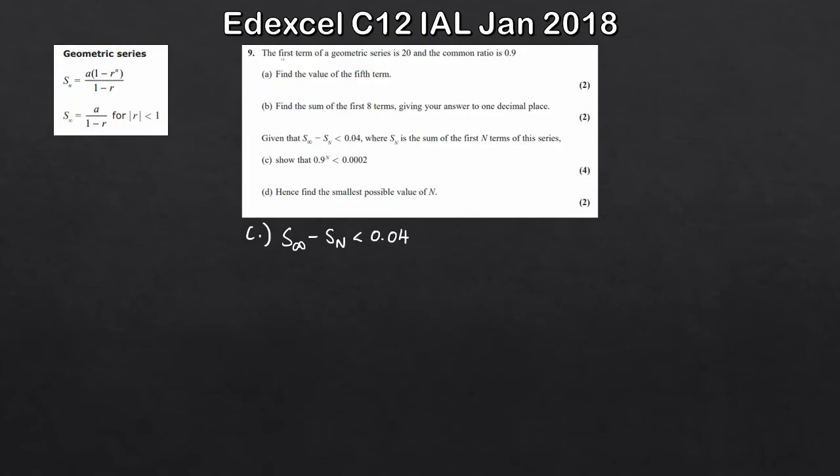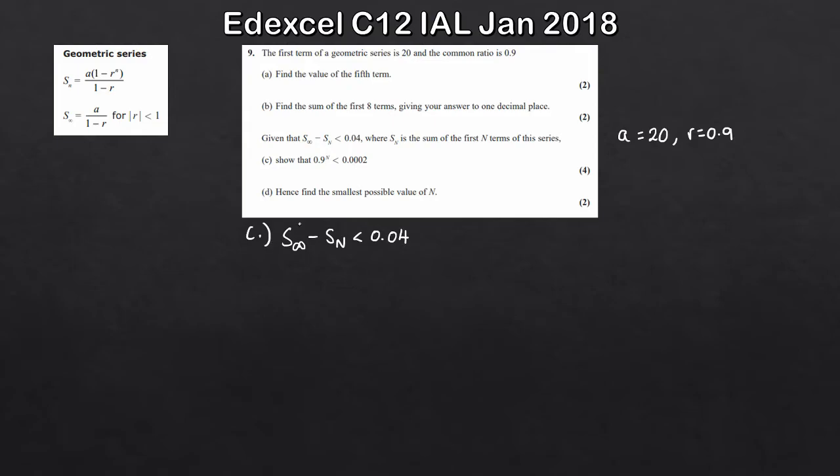Now we're using it for this same series here, so we still know a is 20 and r is 0.9. So we've now got to figure this out, which is going to be in part D, but for part C, it kind of helps us get towards that stage. We need to show that 0.9 to the power of n is less than 0.0002.